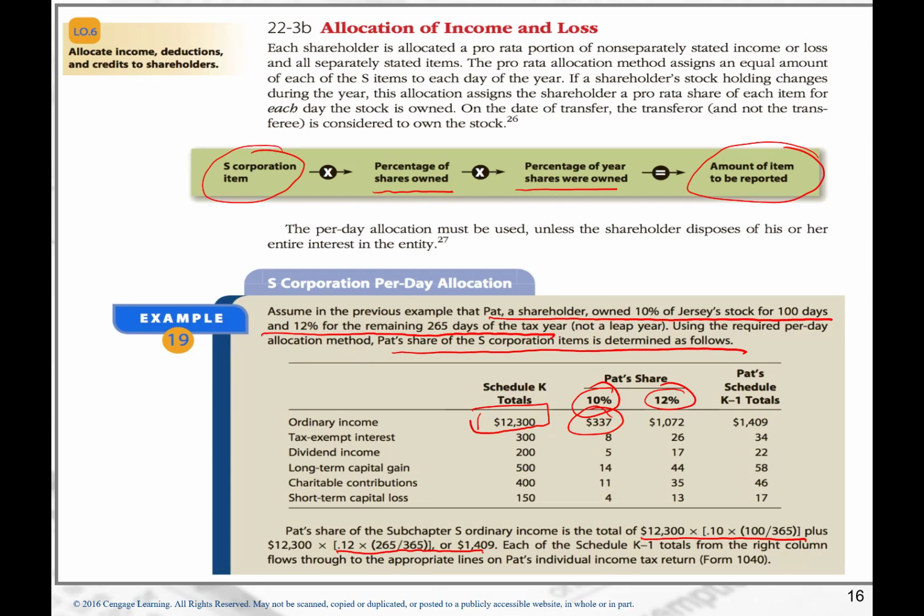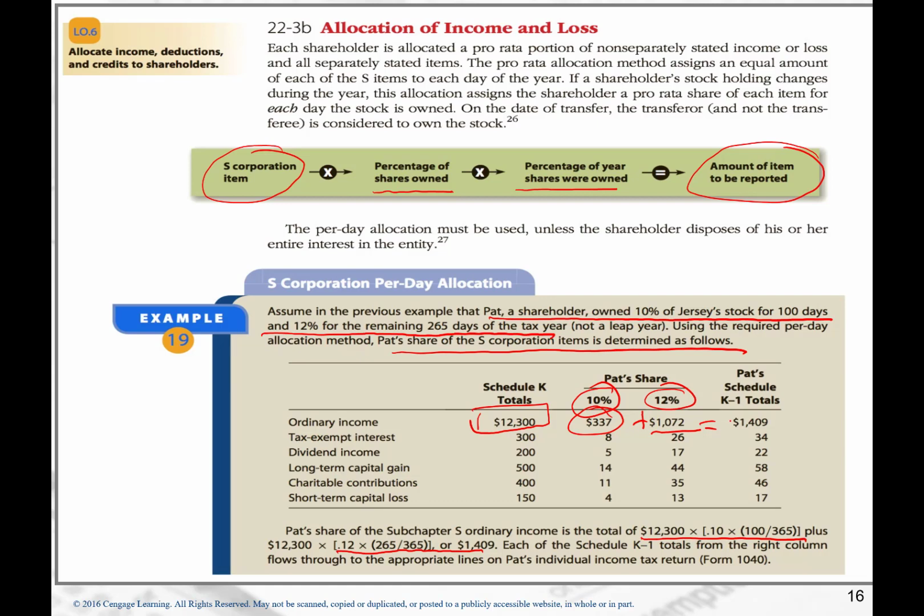You do that calculation, and that's going to give you the 1072. You add those two together, that gives you the 1409 that gets allocated to Pat using just the days allocation, assuming 365 days in a year. If it's a leap year, then it'd be 366, I guess. Whatever it comes to.